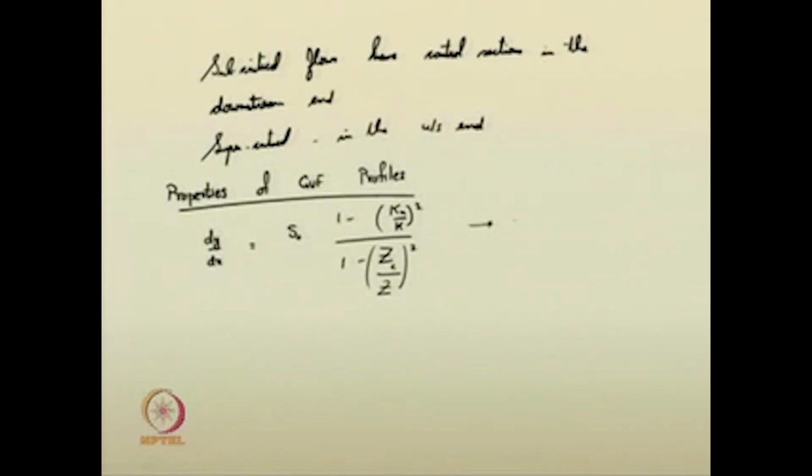In this equation, you can determine the various properties of the slope dy by dx. For that, just recall from module 1 and module 2. Module 1 was based on critical flows, module 2 was based on uniform flows.